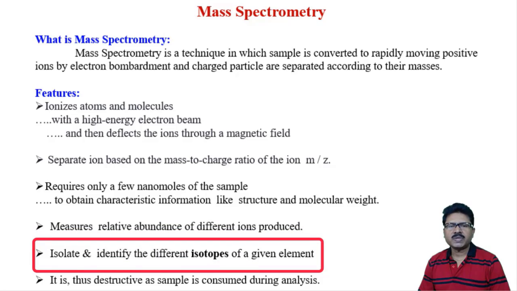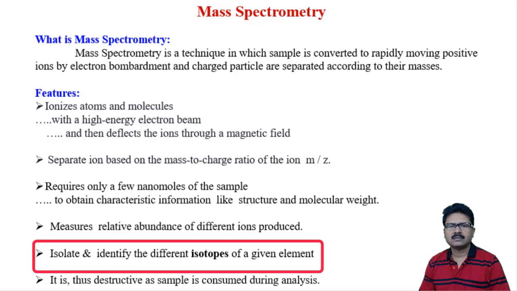This is most suitable for identifying different isotopes. Isotopes have the same number of electrons, so they have the same electrical properties. So those are not easily detected by different chemical reactions. Mass spectrometry is one of the easiest ways to separate and identify isotopes with respect to their masses.